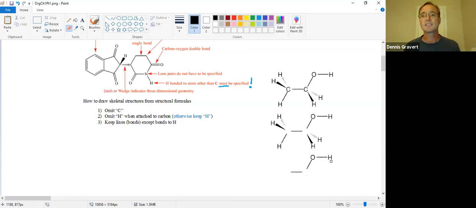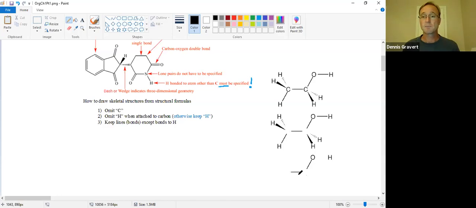This H is not connected to a C. So we keep the H. That's step 2, so don't erase this H. However, we still erase the bond to it. Okay, that looks a little funny. So let's clean it up a little bit, switch back to the pencil mode, and we'll just redraw this.